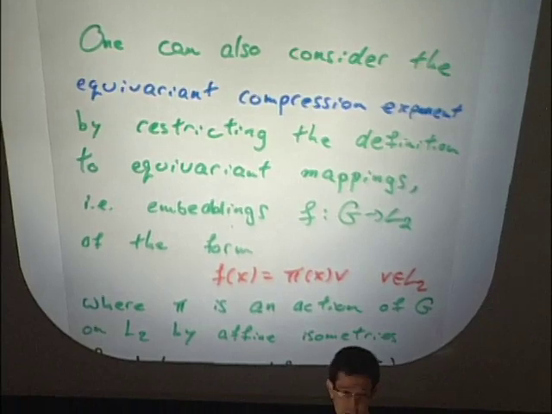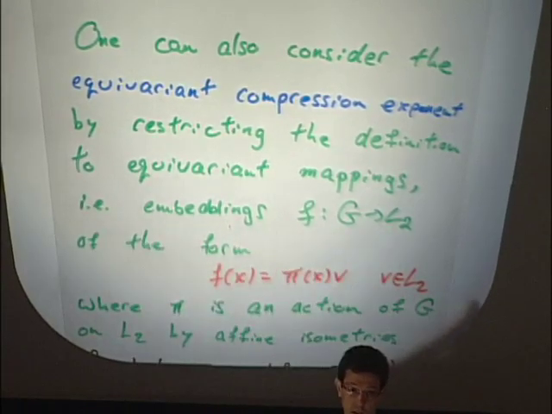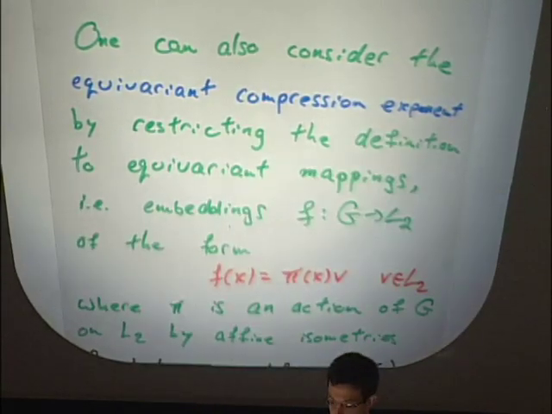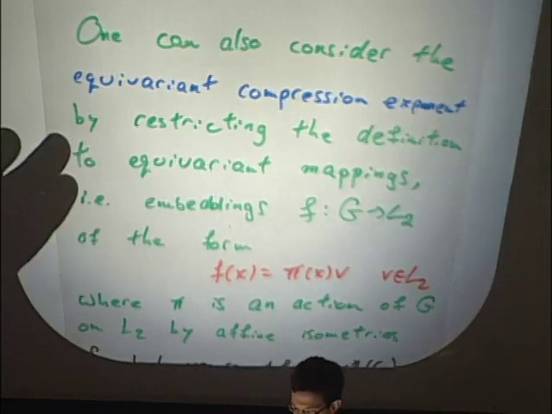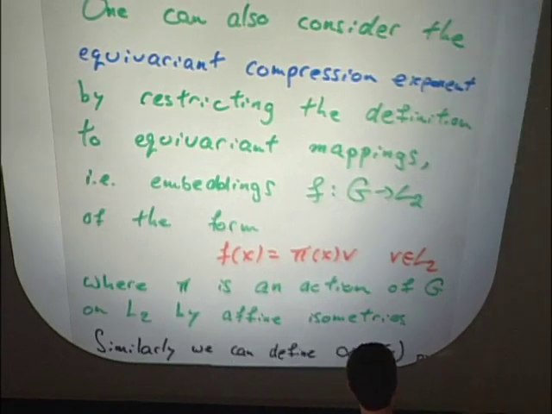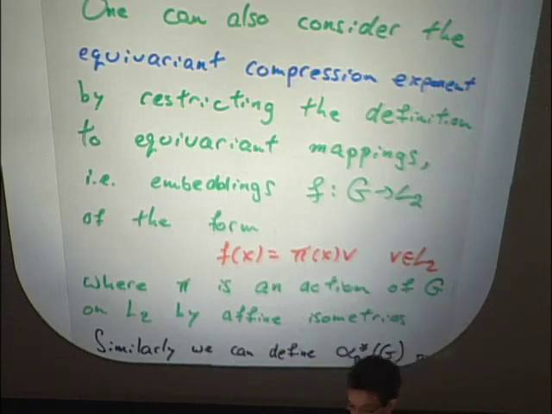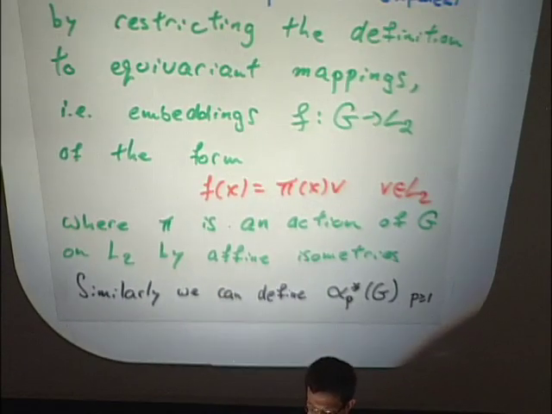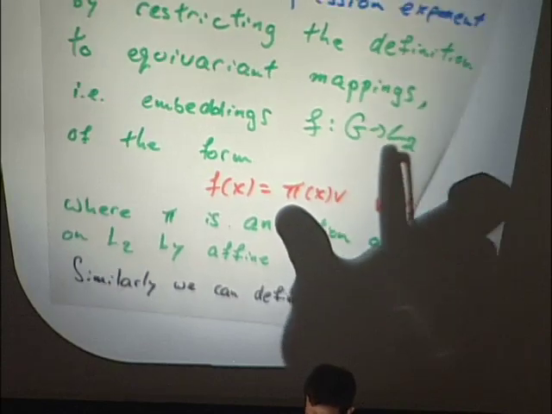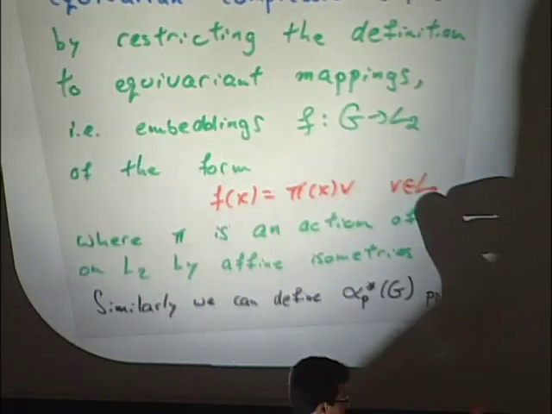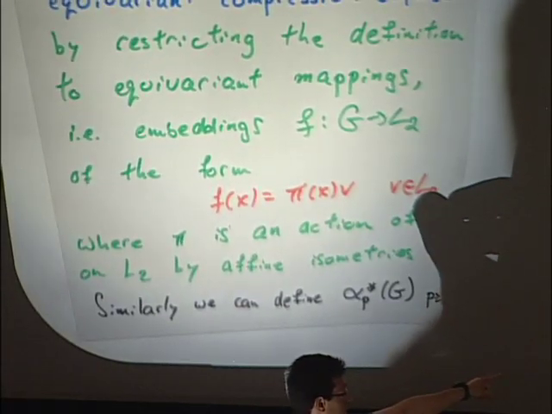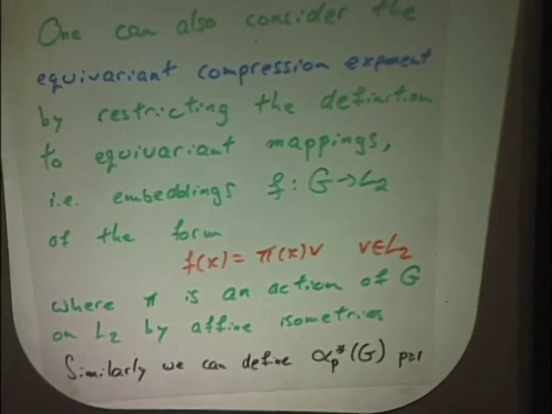Then you can ask what is the best exponent you can get for equivariant mappings, and we'll get to it in a second. But this is just taking this definition and restricting to these functions which have the right symmetries. And the same thing goes for LP spaces. We can just change the L2 over there in the definition to LP. That doesn't change anything. So these are just the concepts I want to discuss.